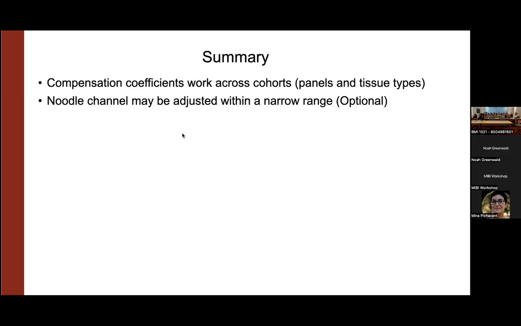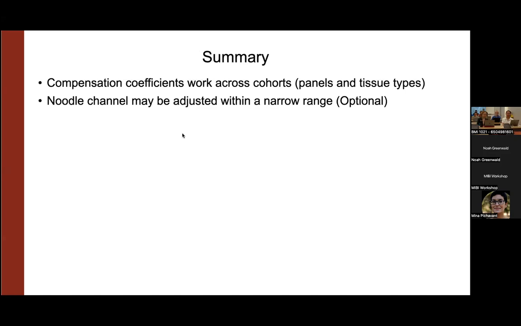All right, so with that, I hope with these examples you were able to see how the compensation works and how to assess your image after you go through the compensation. The one channel that we would recommend, if you do need to alter it to change how much background you want to remove, would be the Noodle channel.